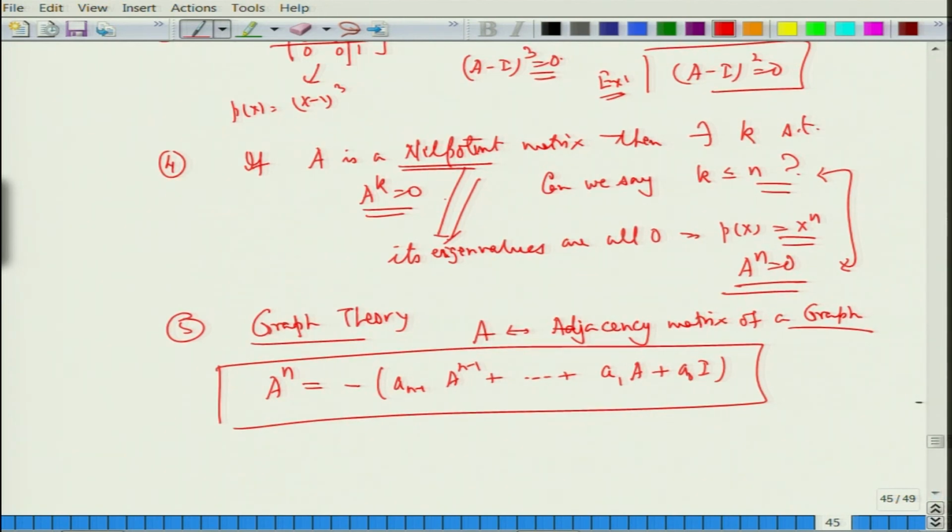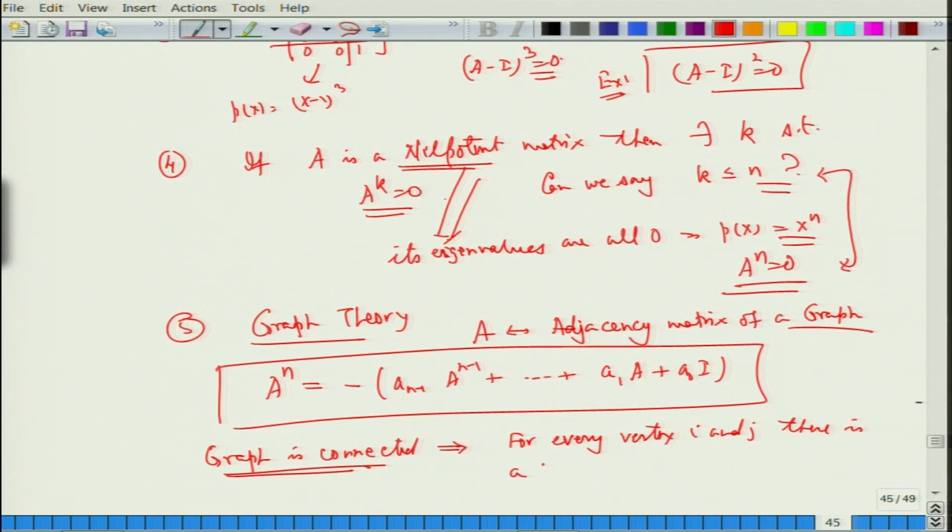So, look at this. What we want to say is that G is connected, the graph is connected. Graph is connected means that for every pair of vertices i and j, there is a walk or path of length k, all right.